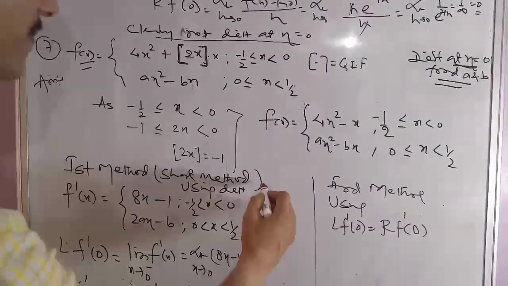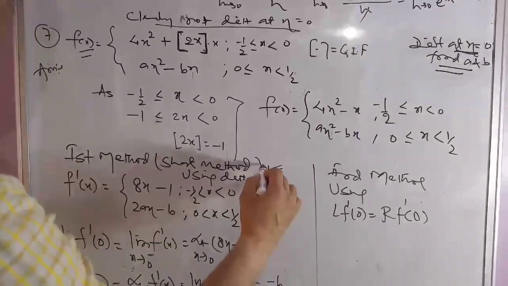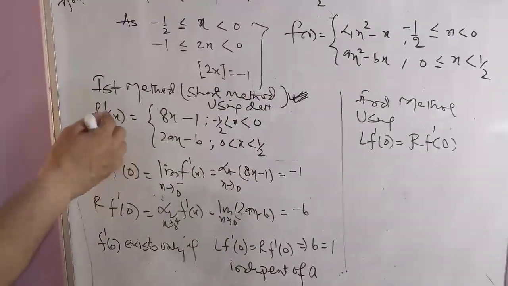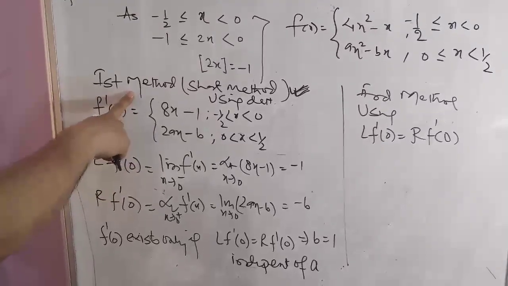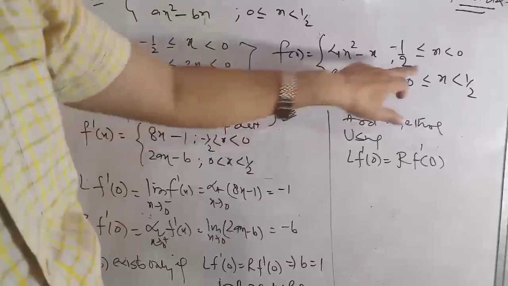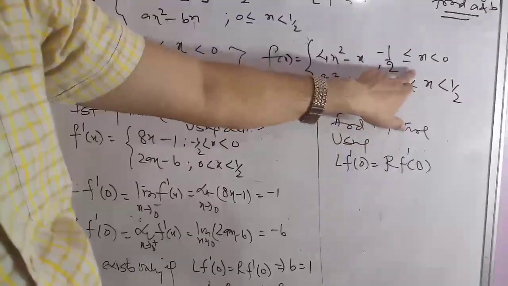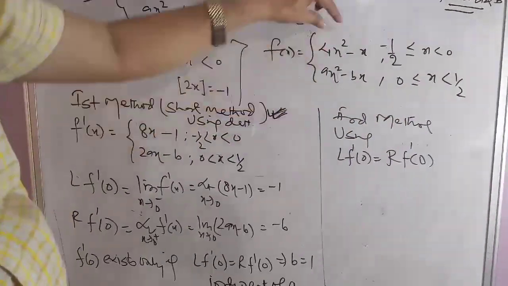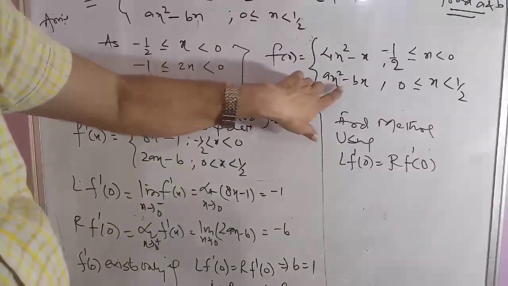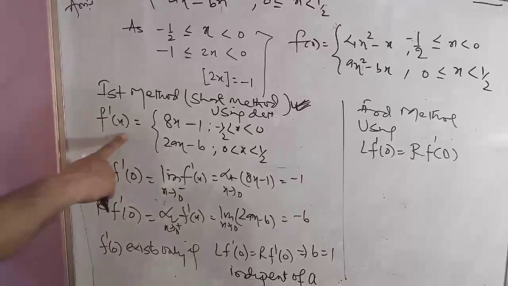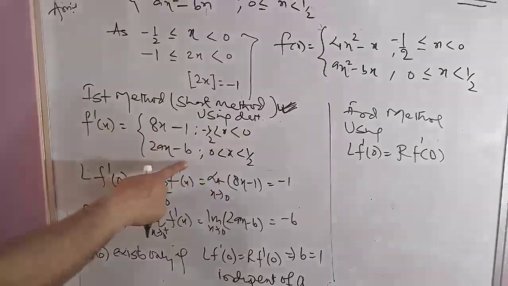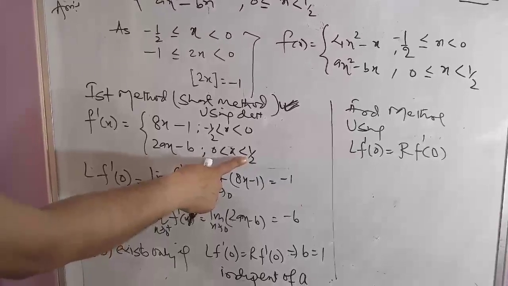First method, the time saving method. Here we use direct differentiation. We differentiate both these sides after removing the equality sign. F dash x is 8x minus 1 for x in minus half to 0, and in this case 2ax plus b for x in 0 to 1 by 2.